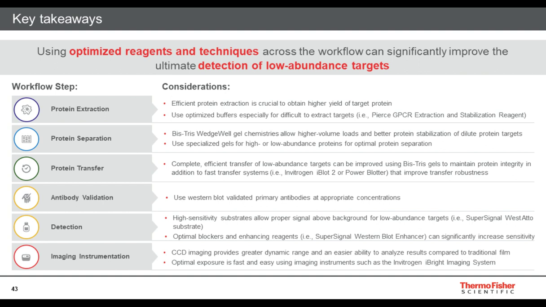In summary of today's review, we covered a variety of techniques and products that can help improve signal detection and sensitivity of low abundant targets across the Western workflow.